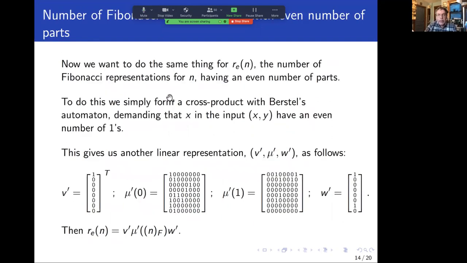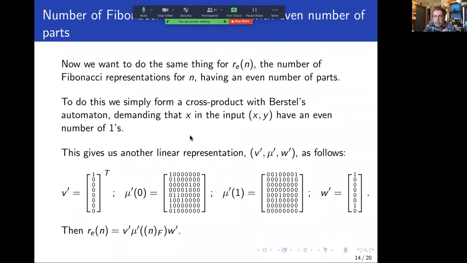Okay, now we've done R of n. Now we have to do Re of n, the number of Fibonacci representations for n having an even number of parts. So to do this, we just take Berstel's automaton and we just say, okay, our x must have an even number of ones in it. So this is just a cross product where we're counting ones.